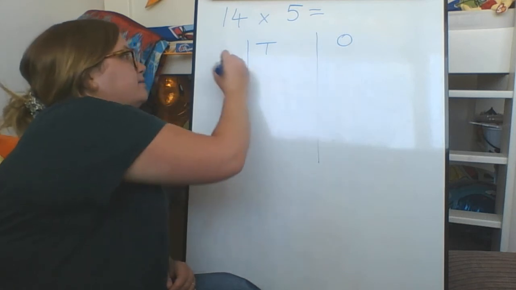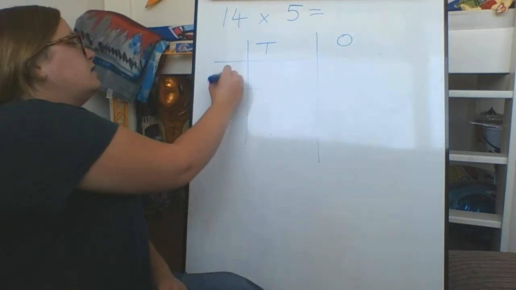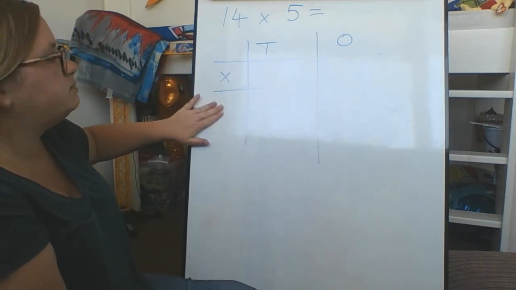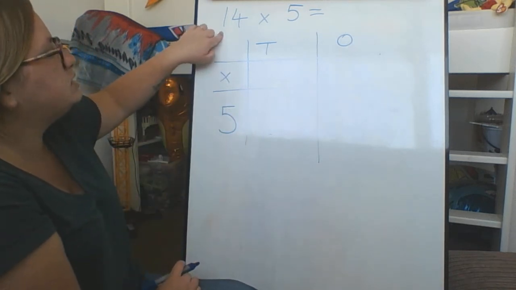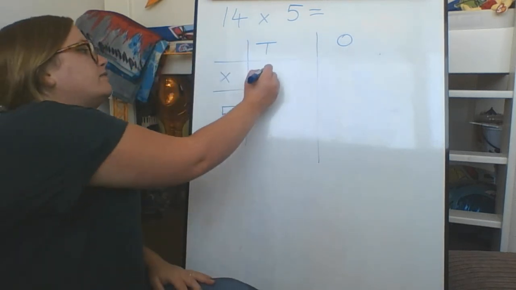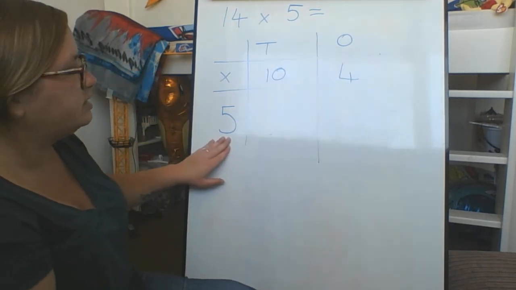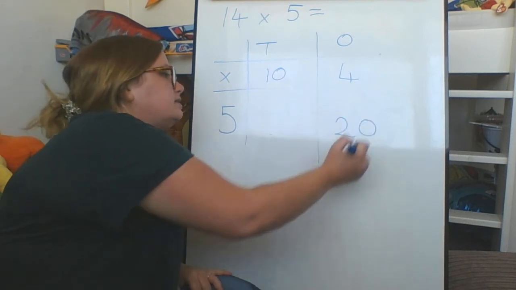Draw your columns out. Some extra lines in this one. Times symbol in there, multiplying symbol, multiplication. And then we're multiplying by the 1-digit number there, which is 5. My 2-digit number to go along the top is 14, so I've got 10 and a 4. 5 times 4, the answer goes in there, is 20.